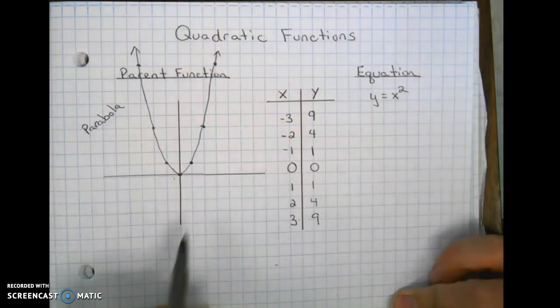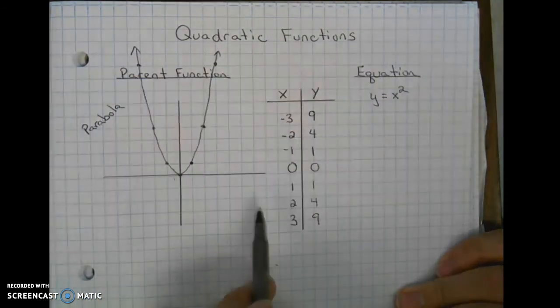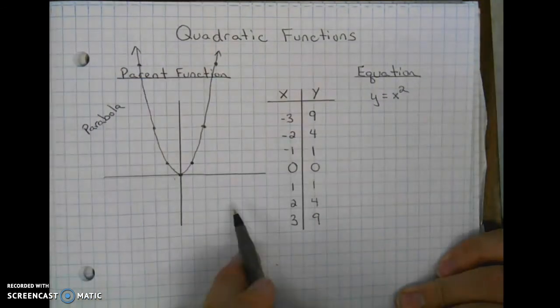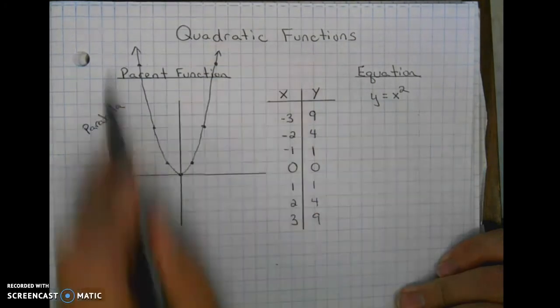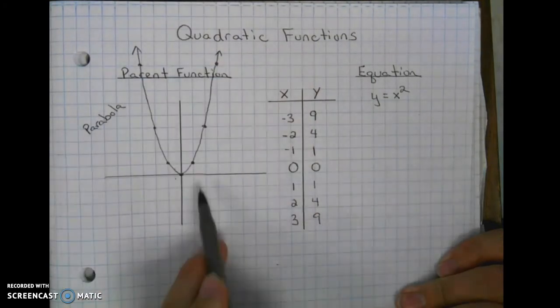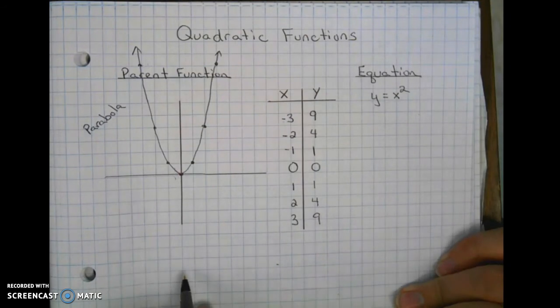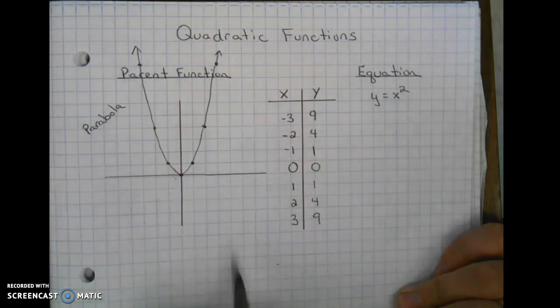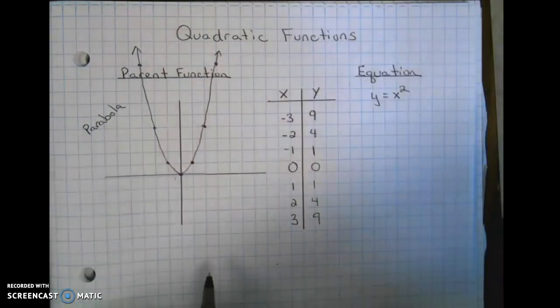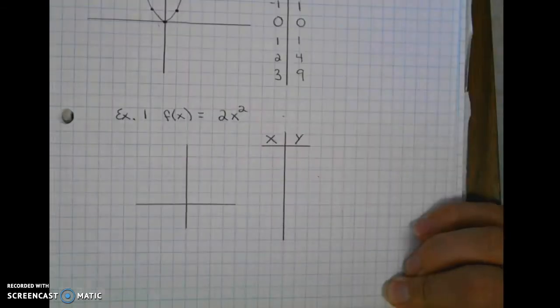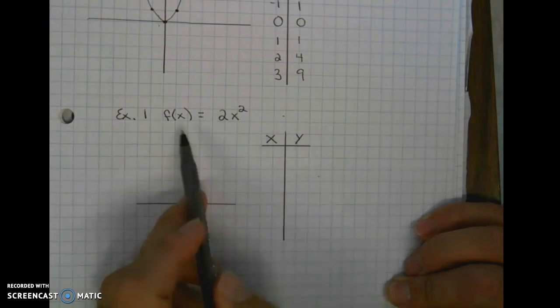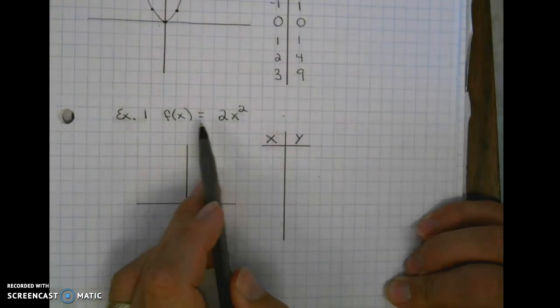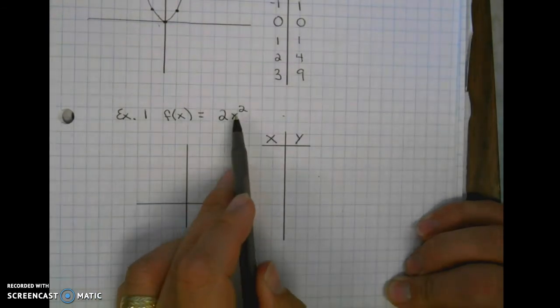Now, all of the graphs and equations that we're going to be looking at, we're going to be comparing to the parent function. So now let's take a look at some other equations, and let's learn how we can compare it to the parent. Okay, so let's take a look at this equation. Here we have f of x is equal to 2x squared.